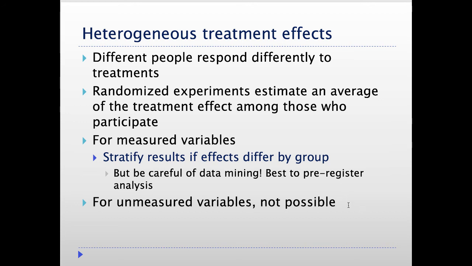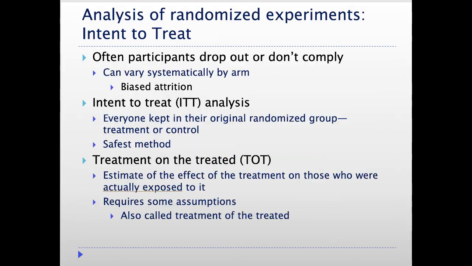For unmeasured variables, obviously you can't. You may think, oh, gee, people with particular personalities will respond differently. Well, unless you have some great personality tests that you were able to do at baseline, you think there's heterogeneous treatment effects, but you will not be able to estimate them.